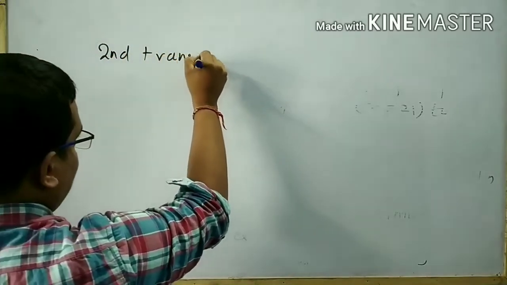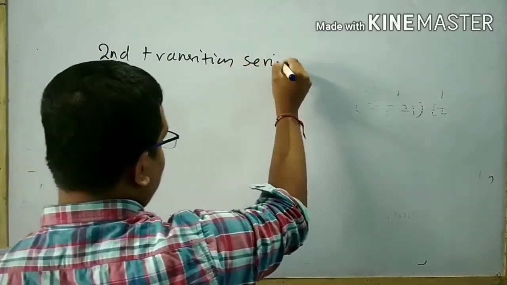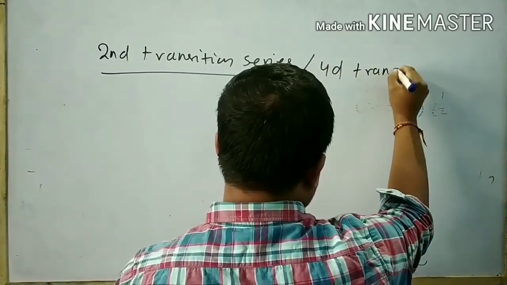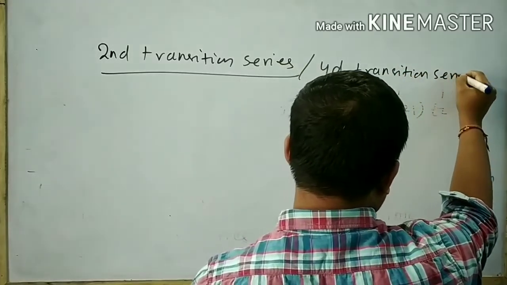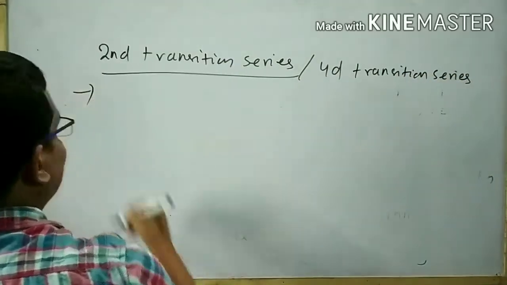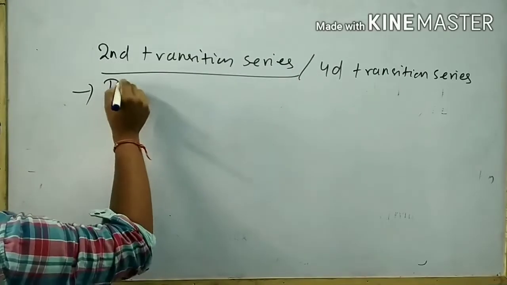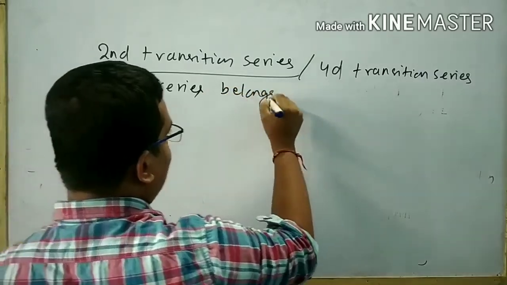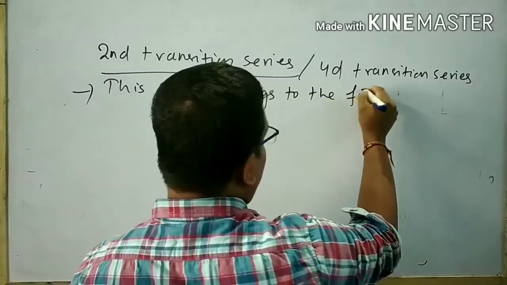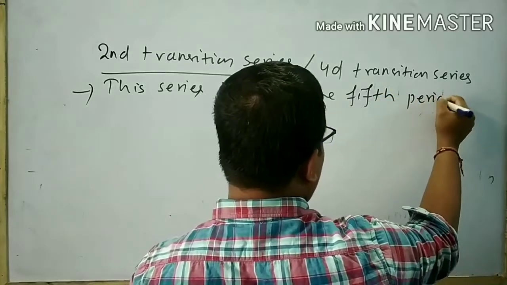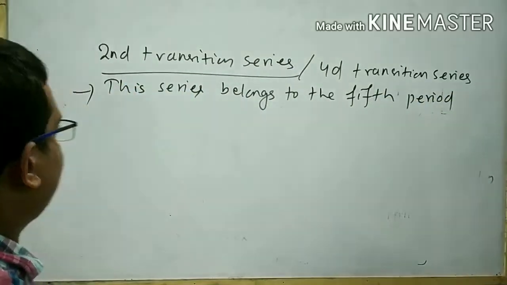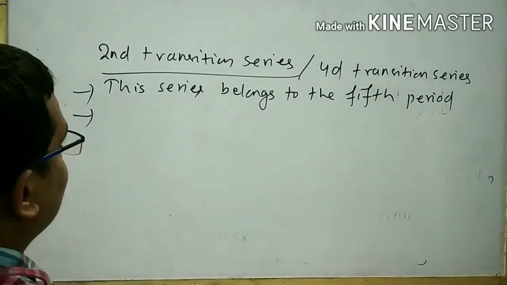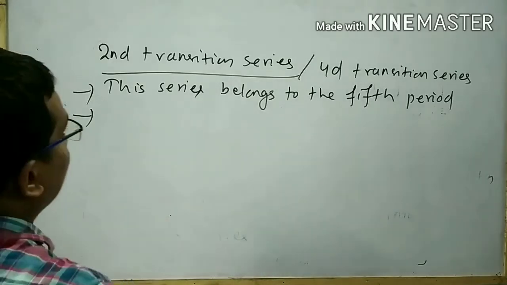The second transition series is also called 4d transition series. This series belongs to the fifth period. Here the elements start from yttrium to cadmium.